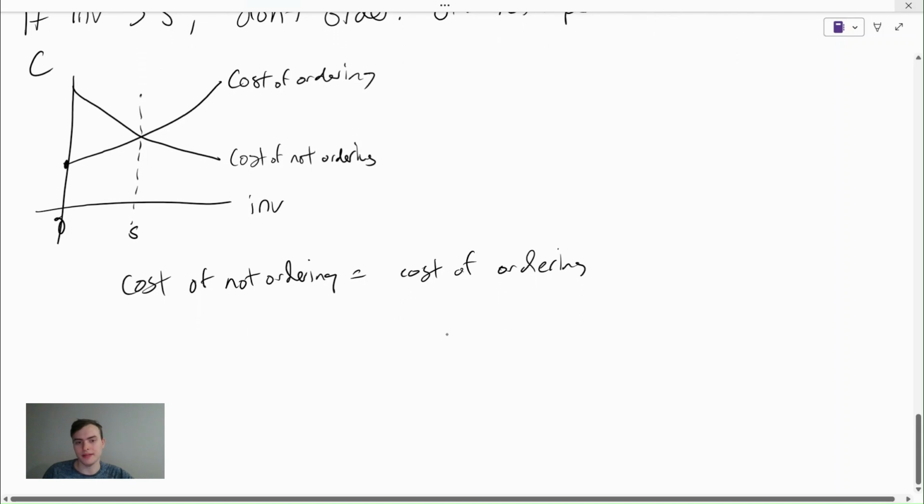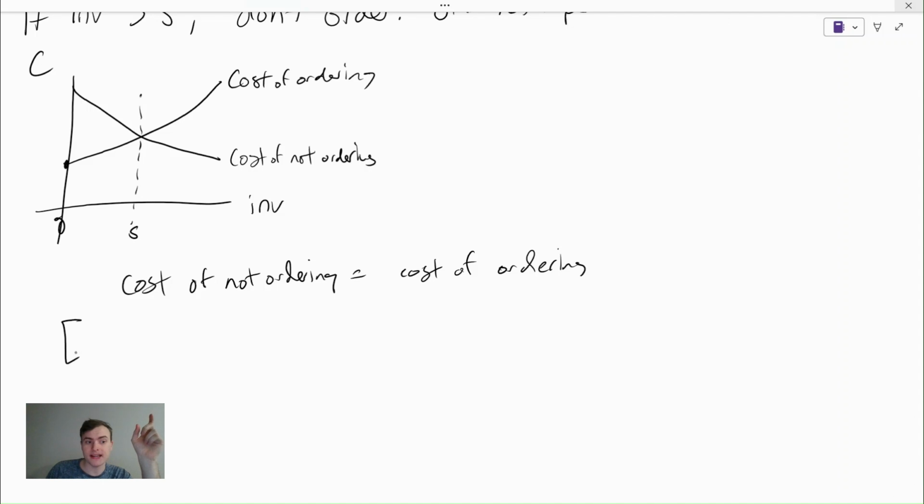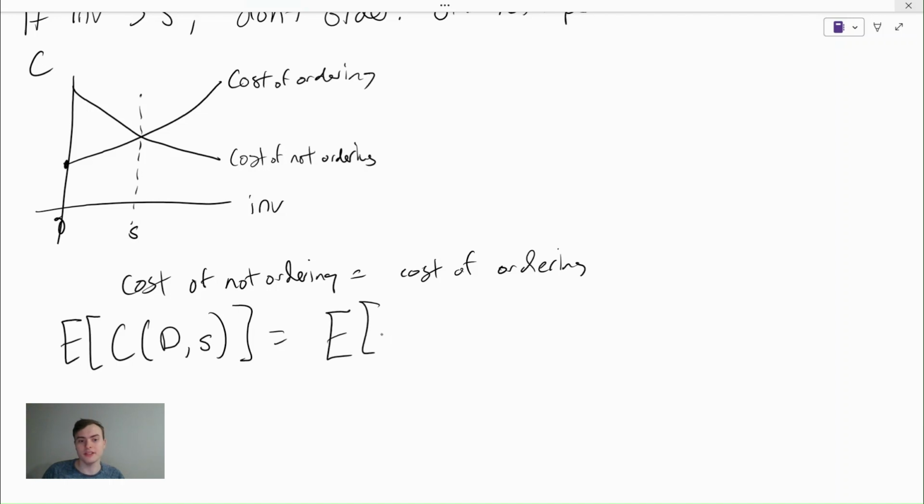And really, I'm talking about expected cost because our objective was to maximize expected profit, i.e. minimize expected cost. So we're going to do C of, so if we're not ordering, we're still going to experience demand D, and then the quantity we're going to start with is little s, right? Over here, cost of ordering, we're going to have to start with big S on hand instead of little s.